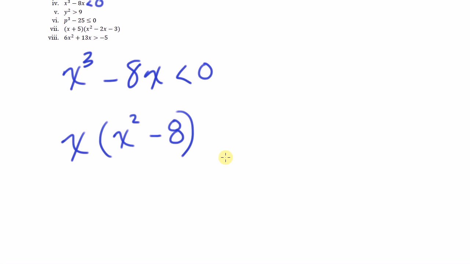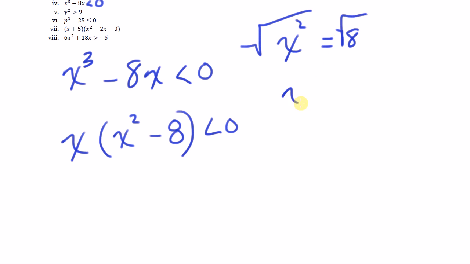And for x squared minus 8, I forget the name of the rule. X squared is equal to 8. So basically I set it to 0, and technically I should say less than 0. But anyway, I take the square root of both sides, and when I do, I get x is equal to plus or minus the square root of 8.